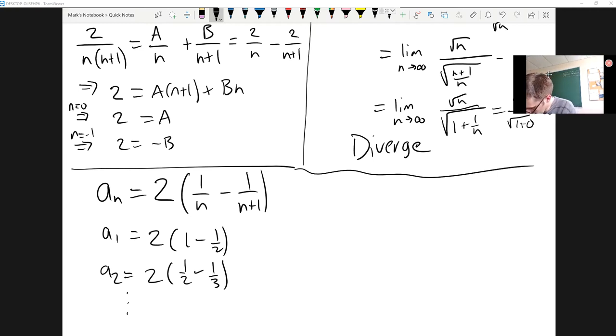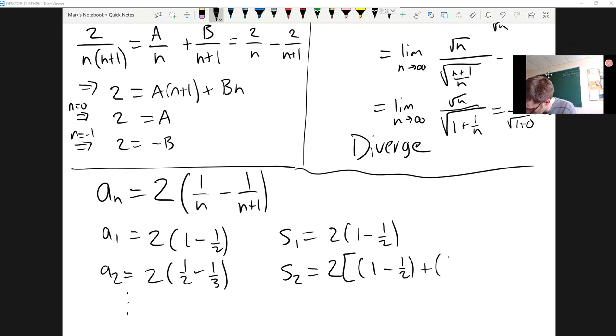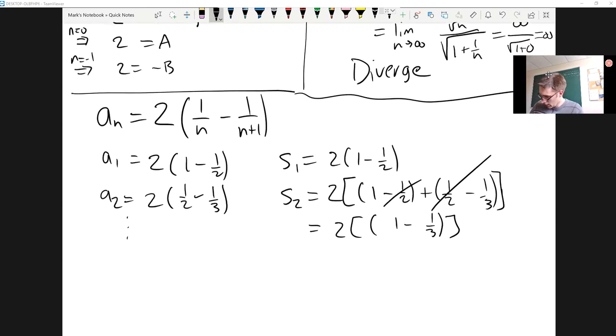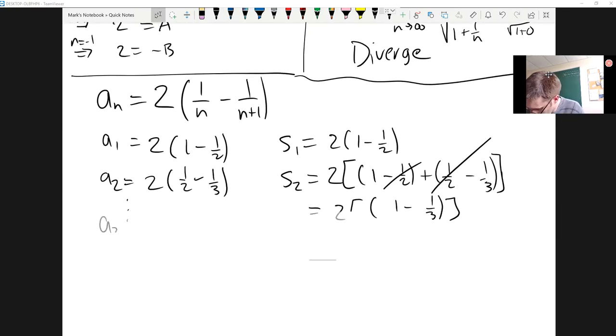And our partial sums would therefore be S1 is just A1, and S2 would be 2 times, and then I'm just going to factor out a 2, so we'll have 1 minus 1/2 plus 1/2 minus 1/3. And we see there's some nice cancellation there. 1 minus 1/3 is what's in parentheses.